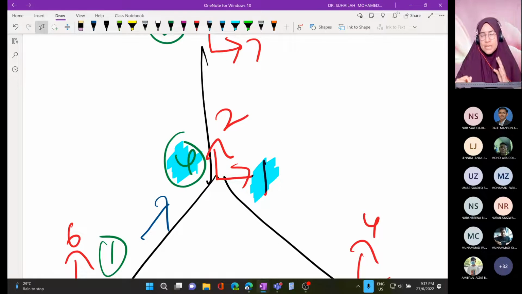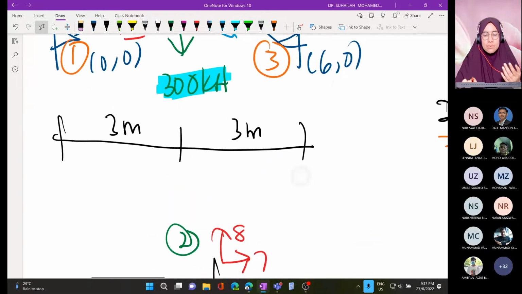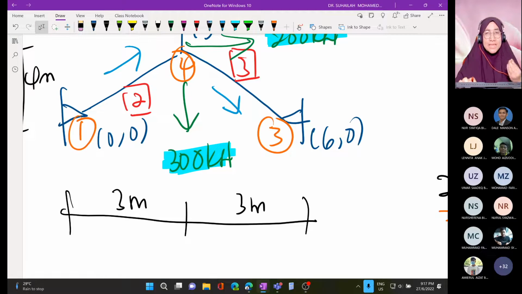So we look for the value representing that statement.